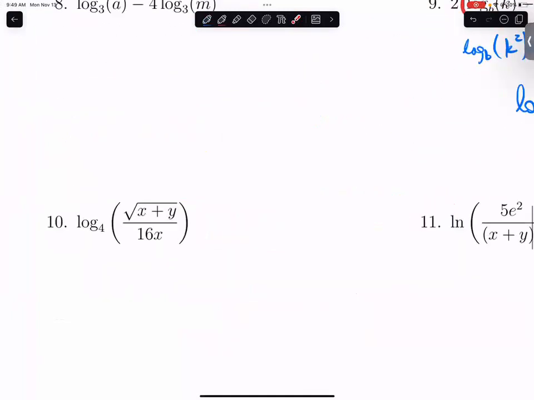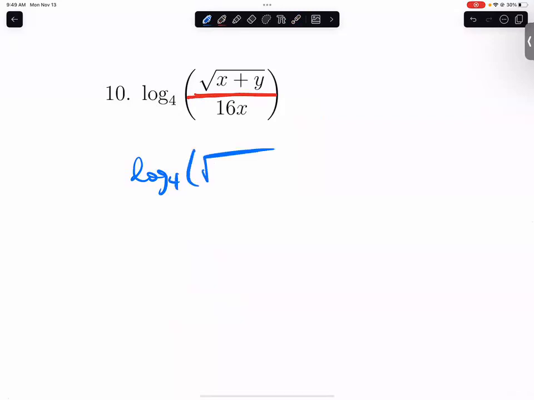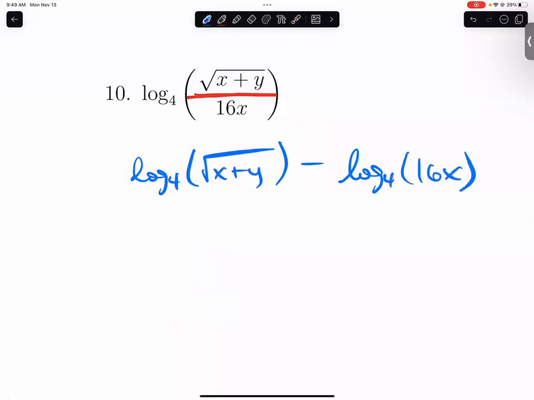Real quick, let's talk about 10. Biggest thing going on there is, again, the division. So start with that. Then look at the individual pieces more closely, right?